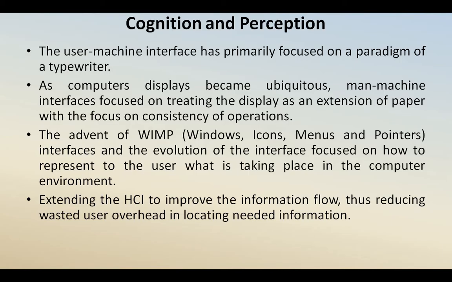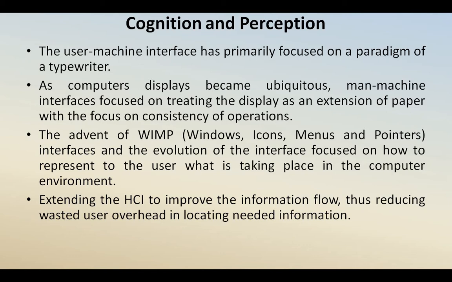The entire information is completely visualized in these interfaces, which is highly understandable by all users. Even children can understand such information. The evolution focused on how to represent what the user is doing in the computer environment. Each and every thing can be clearly specified in the WIMP interface.